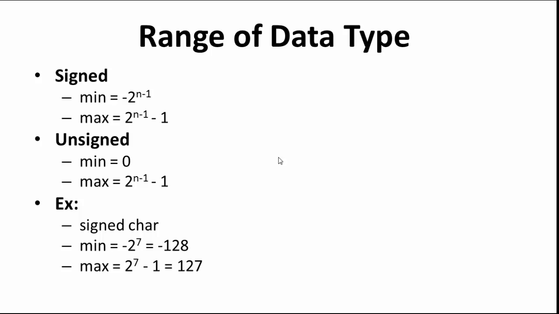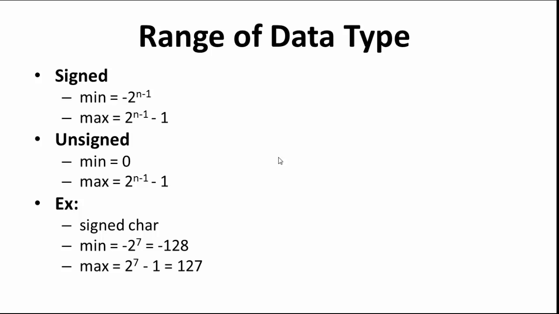So according to the formula, minus 2 to the power n minus 1, that is 8 minus 1, becomes 7. So minus 2 to the power 7, after calculating it, the value will be minus 128. So minus 128 is the minimum value that a signed character variable can have.